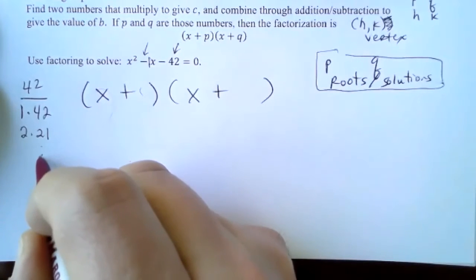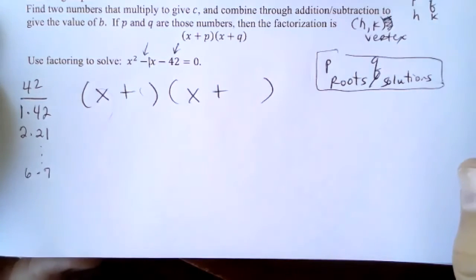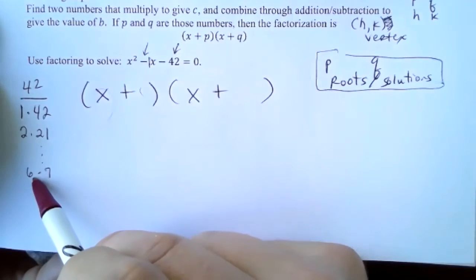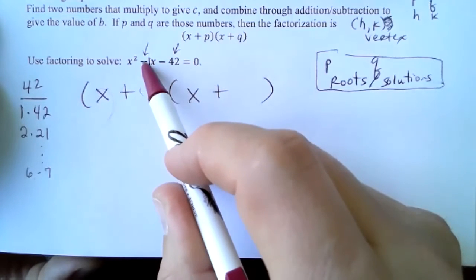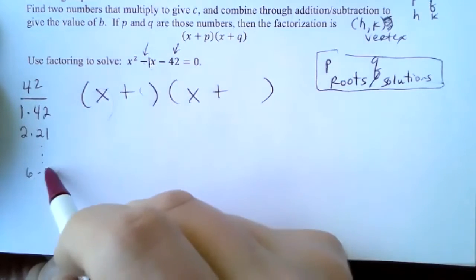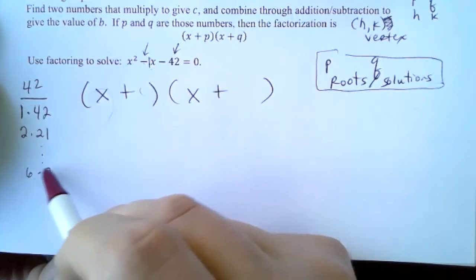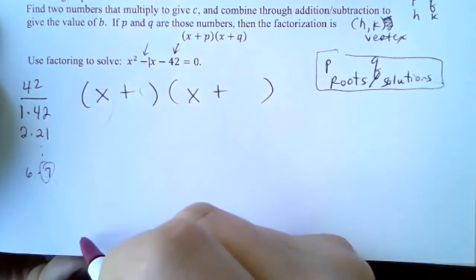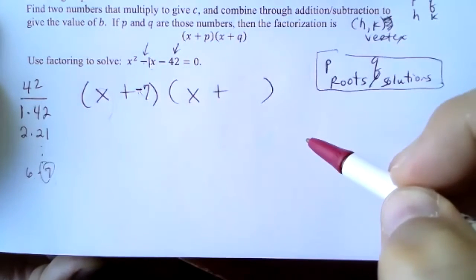If you go on down, dot, dot, dot, you'll know that 6 times 7 is 42, right? Well, if you notice, 6 and 7 are 1 apart from one another. Well, this sign is negative, so that means that you would have to have more negatives than positives. So which one of these numbers is more than the other? It's going to be 7.